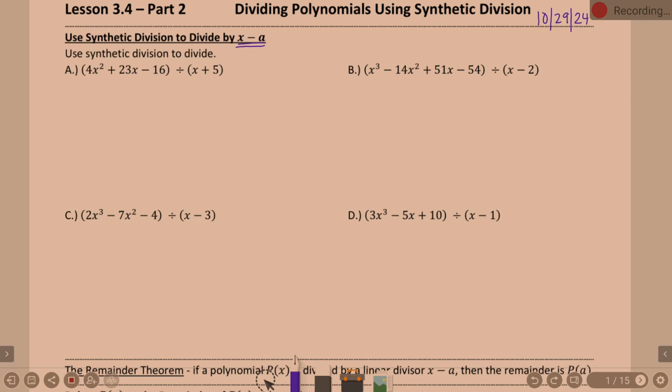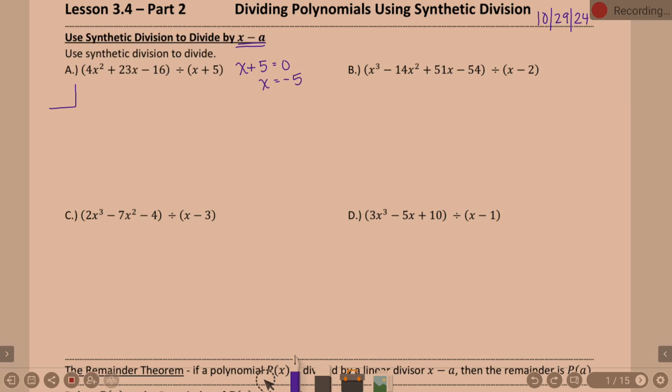So first thing we're going to do is set up a little box here. And this box represents what we're dividing by. Now, we're dividing by the factor x plus 5, right? If you think about x plus 5, setting it equal to 0, what does x equal in that scenario?